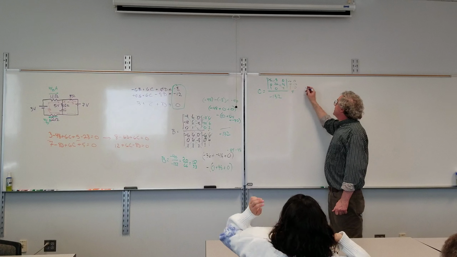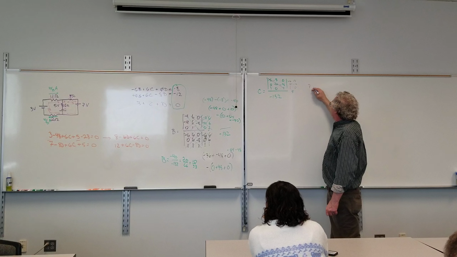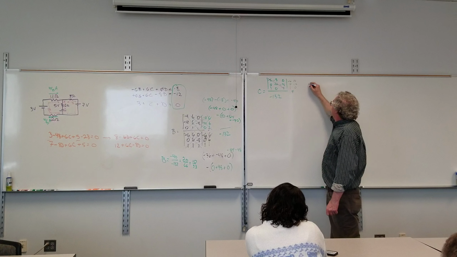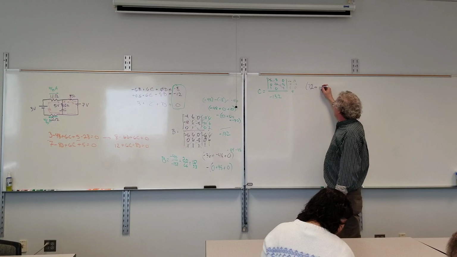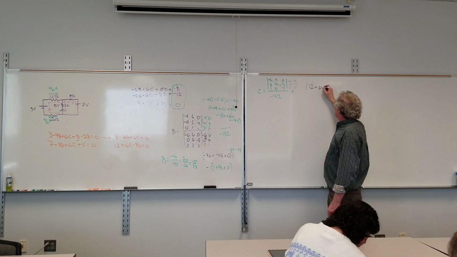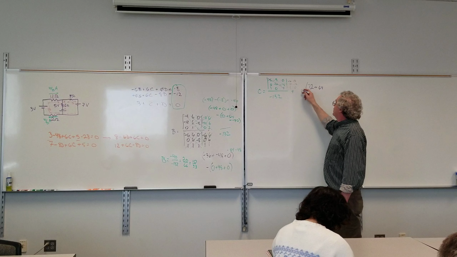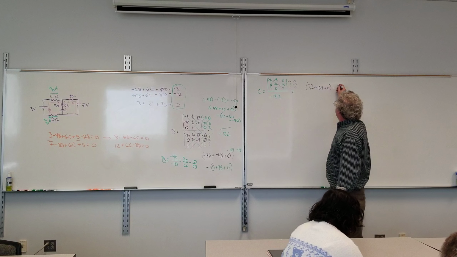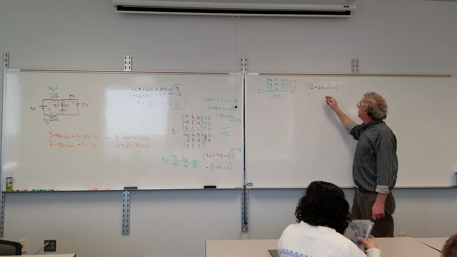So we start out with that. So that's 72. Plus negative 8 times negative 8 times 1. It is 64. And then plus 0. Minus, going the other direction, I have 0, 0, and 0.